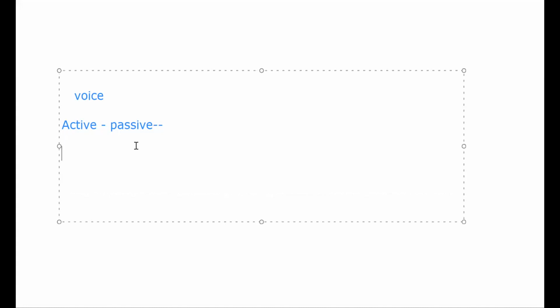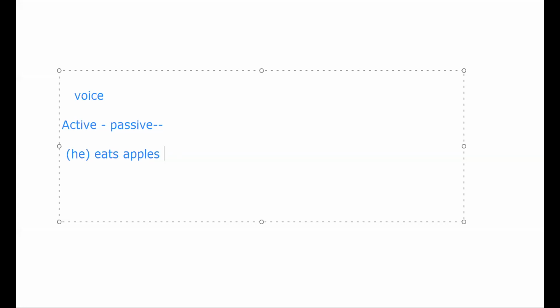Now, what I'm trying to say, look at this one. He eats apples. Understand the action here, eats. Who is doing this action? Obviously, here, the subject. And you need to also think logically, can this fellow perform this action? Yeah, he can eat. Okay, no problem. This subject can perform it.